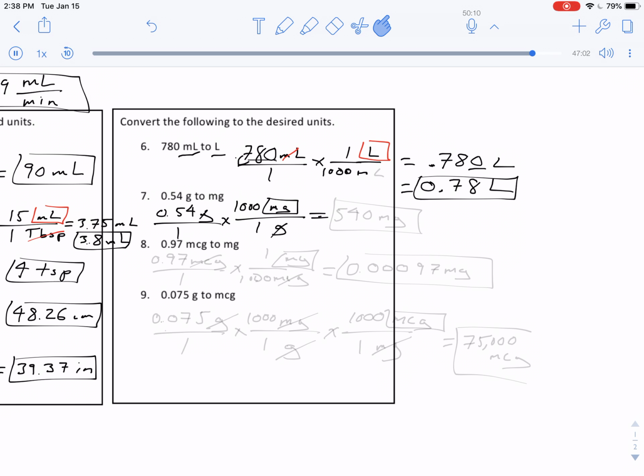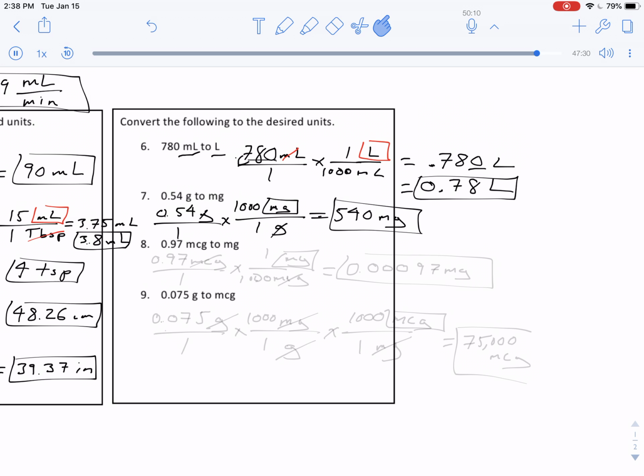Now I'm multiplying, so the zeros make this number bigger, right? Moving that decimal over 3 to the right, I'm going to get 540. That was horrible. 540 milligrams is what we're talking about.